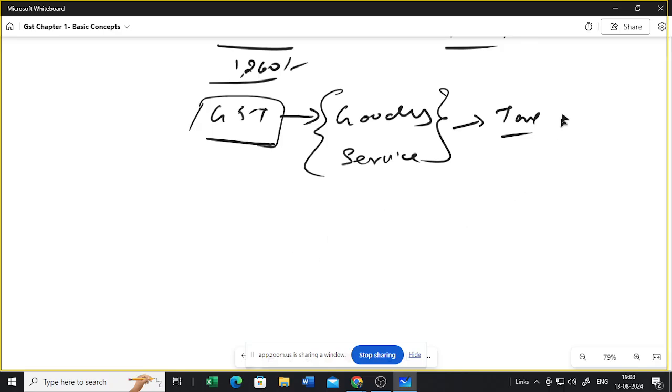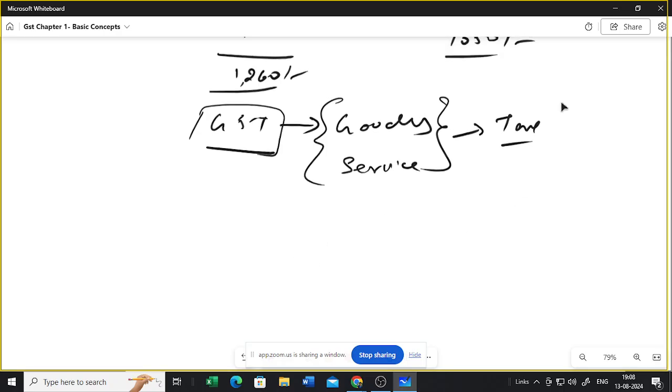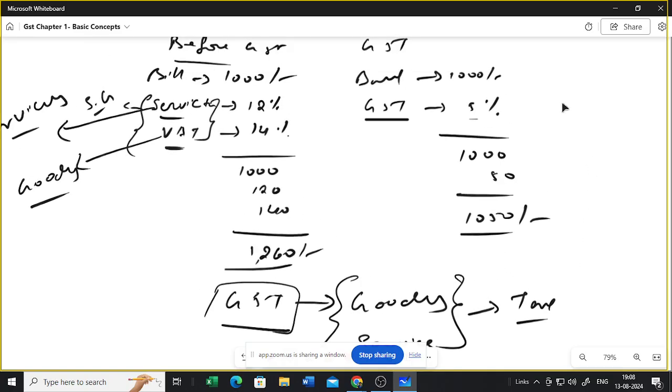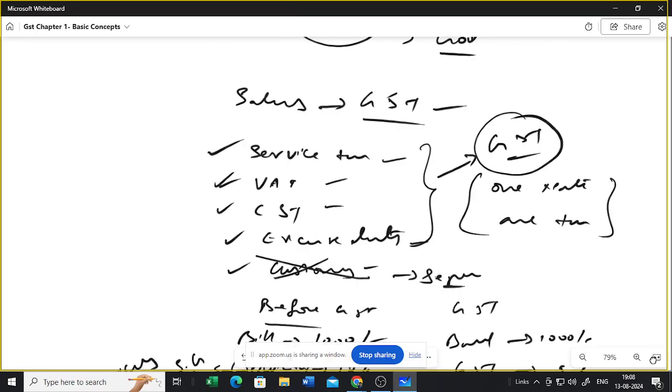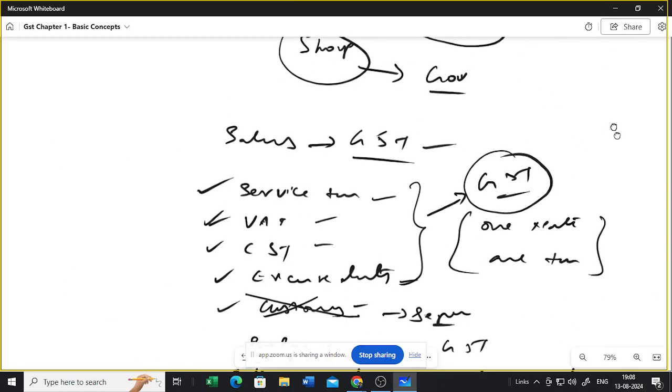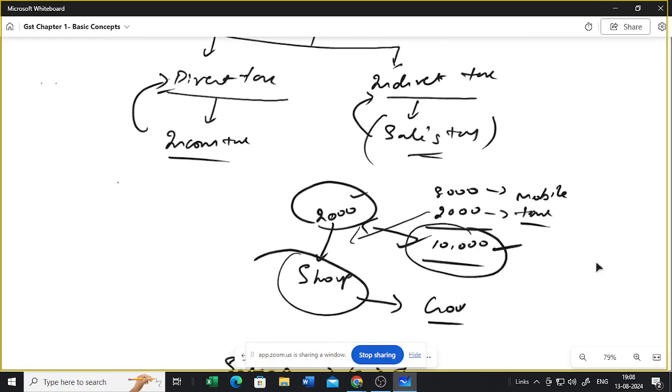Here you need to understand which board is maintaining the service tax and which board is maintaining the direct tax. Okay, here you see, we have two taxes, right? Direct tax and indirect tax. This direct tax is totally maintained by one authority. That authority is known as CBDT.